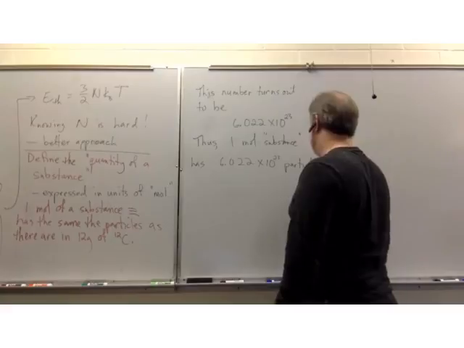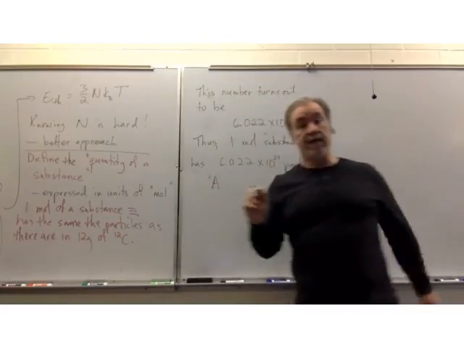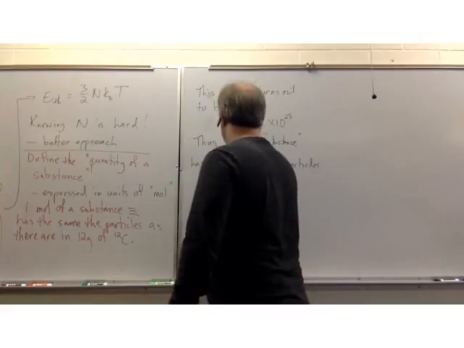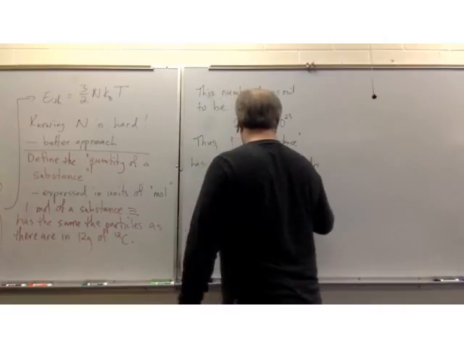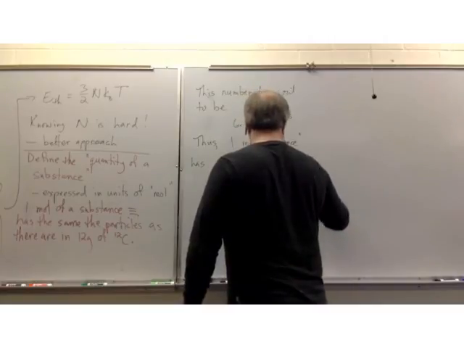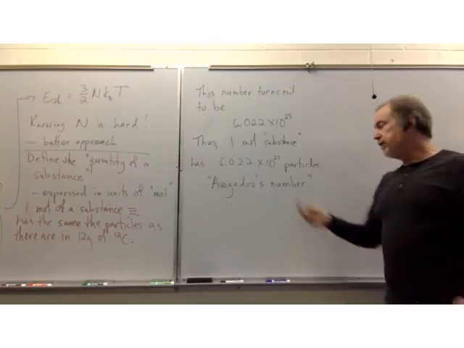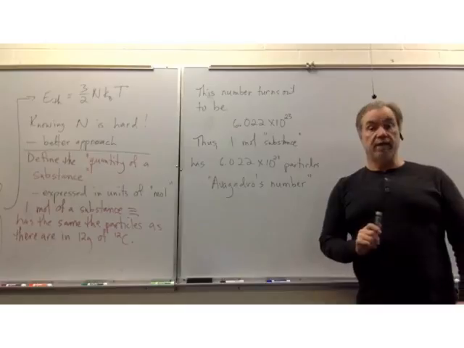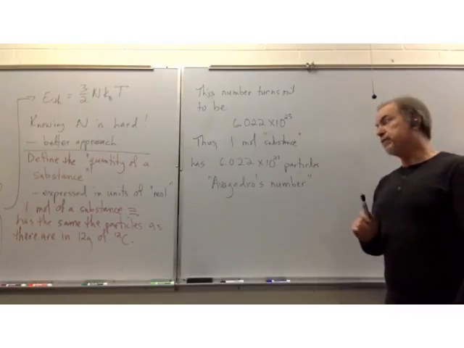Okay. This number, as I was starting to say, was named in honor of the Italian physicist who first put forth this idea, Amedeo Avogadro. Avogadro's number. As a matter of science history, it should be mentioned that Avogadro himself only suggested this idea as a concept, as a useful number to have for the purposes that we're going to do.